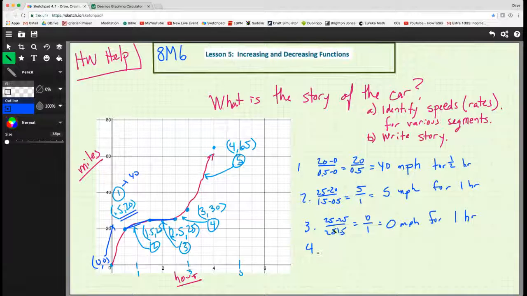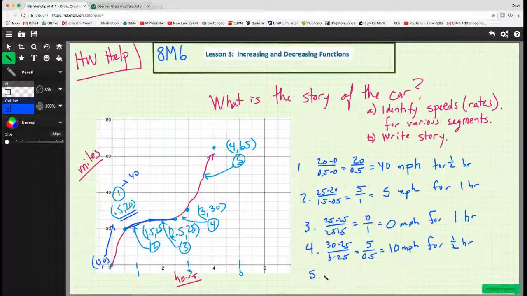We're standing still. Now we start up again and we go 30 minus 25 over 3 minus 2.5. So that's 5 over 0.5, which is equal to 10 miles per hour. And we do that for half an hour.